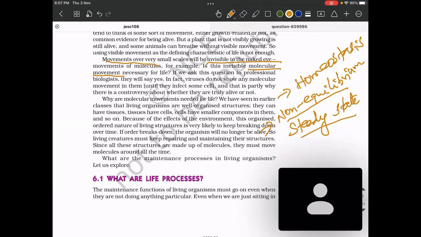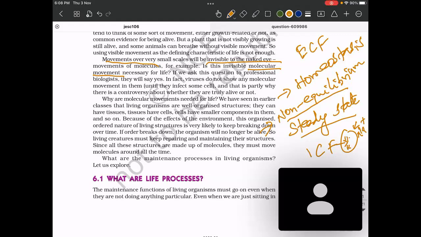Inside the cell there is a fluid called ICF, intracellular fluid. Outside there is extracellular fluid. Just as an example, sodium is present outside in high concentration, and potassium is present inside the cell in high concentration.